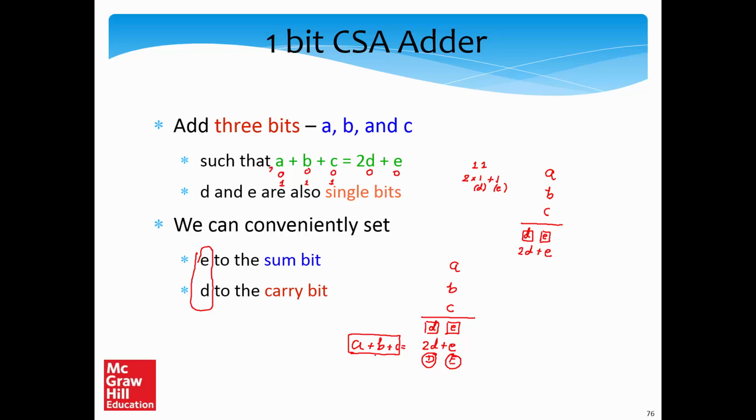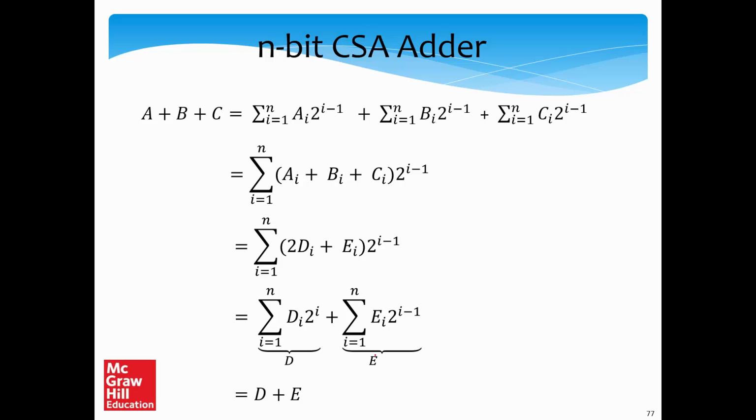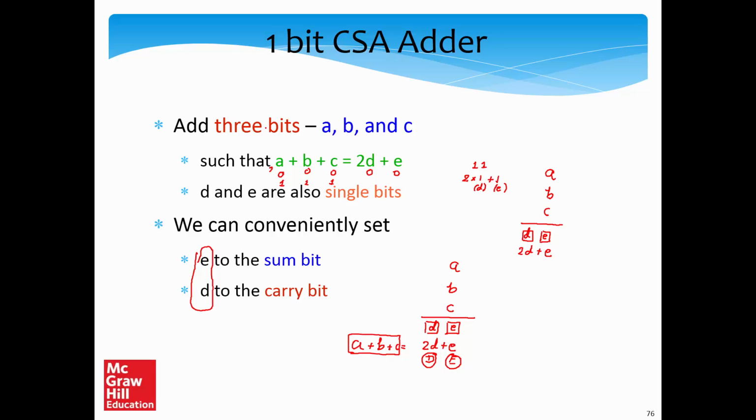At the moment A, B, and C were only 1 bit each, so let's consider wider versions of A, B, and C. Let us do a little bit of algebra to compute two numbers D and E such that A plus B plus C is equal to D plus E. We'll use the same logic as here and just extend our results.